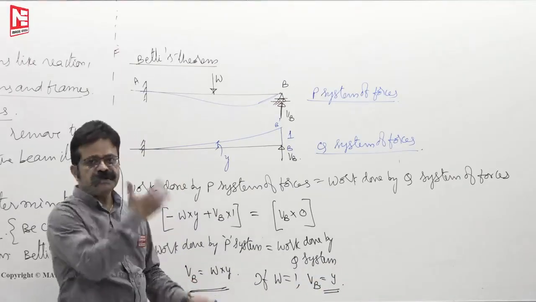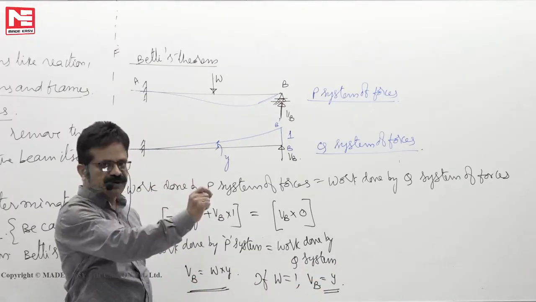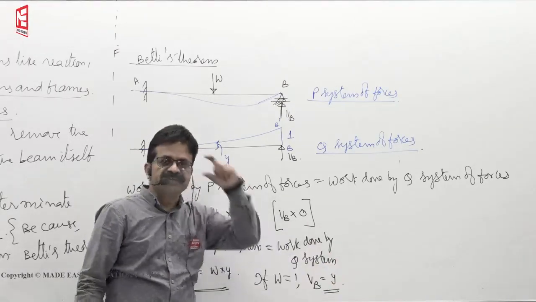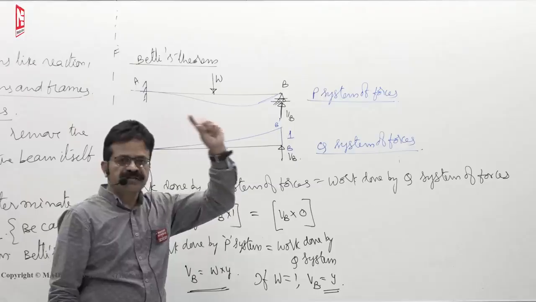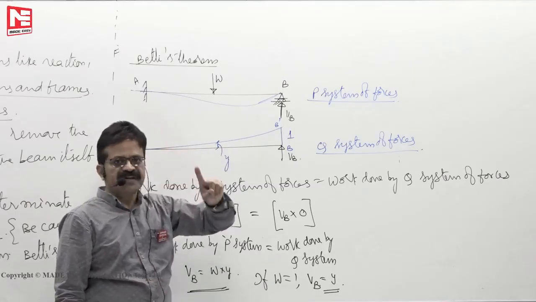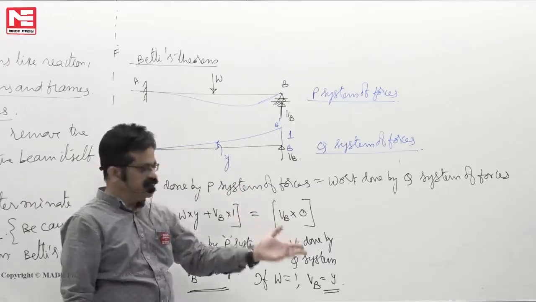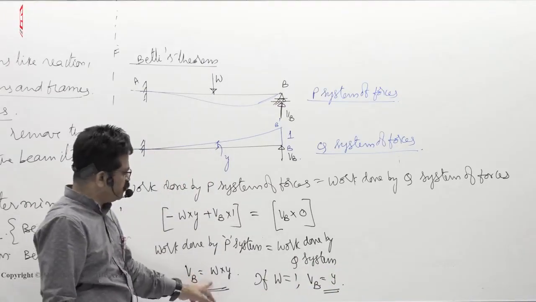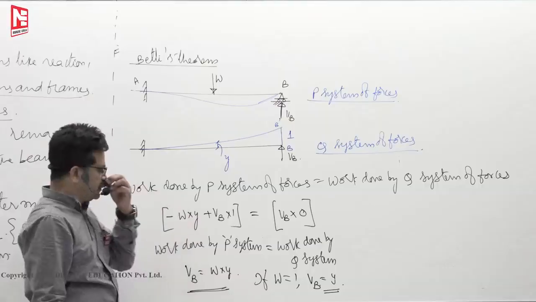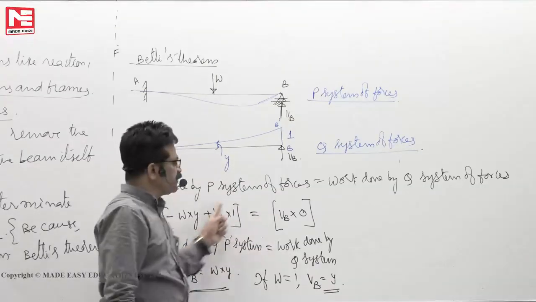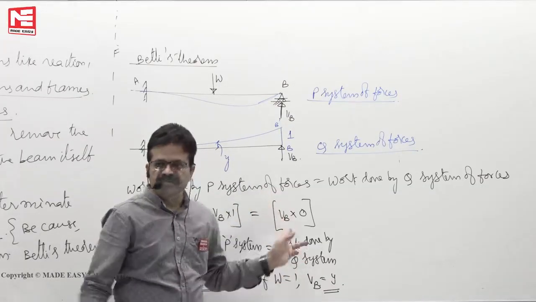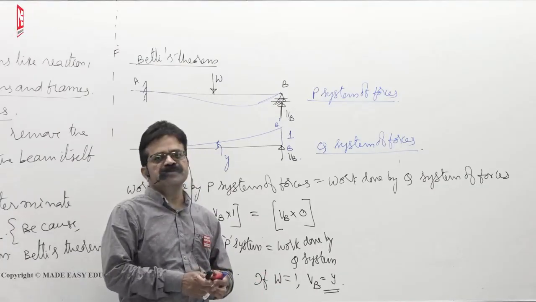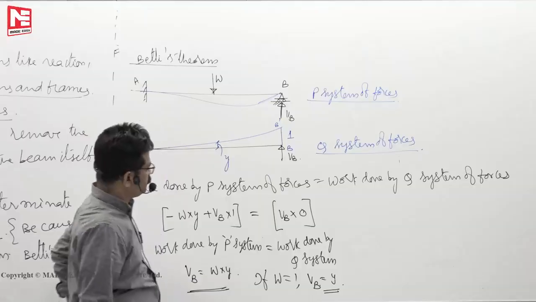That's why we take only unit load, so that the deflection profile itself will give us the influence of that load. If 10 kilonewton is there instead of 1, then 10 into this influence. W is there, W into influence. This is applicable only for linear elastic structures. From this, Muller-Breslau derived the formula, which is also applicable to linear elastic structures.